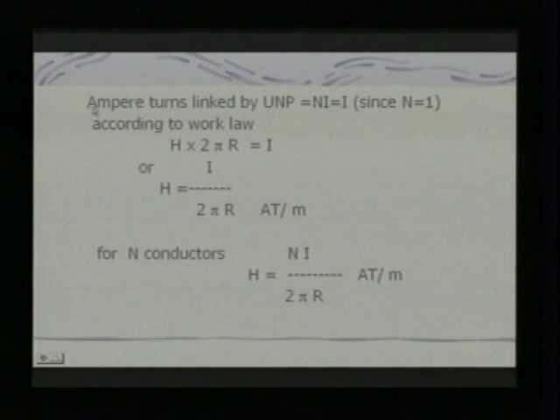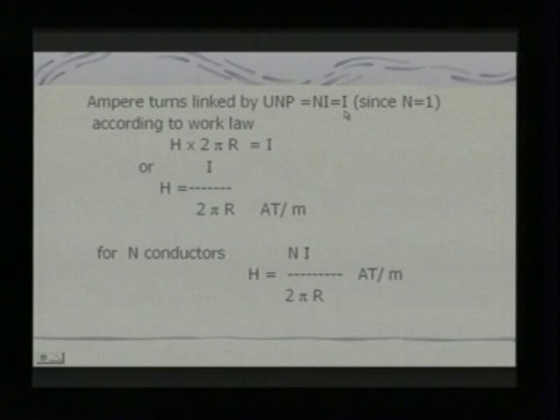Here the ampere turns enclosed or linked by the unit north pole is equal to N into I, but here the number of turns is equal to 1 since it is a long straight current carrying conductor.